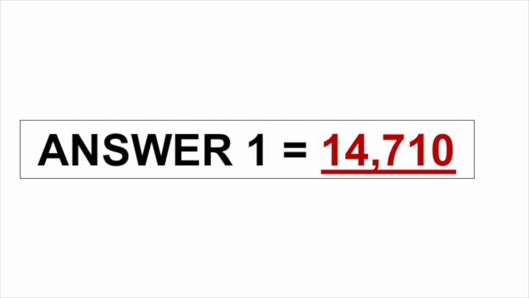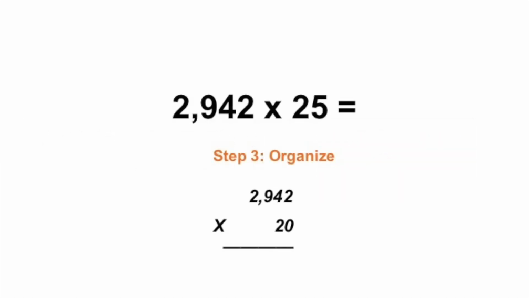So, first answer, guys, 14,710. But now we need to organize the next table to do the tens. So we have multiplication by 20. But what do we do with the 0? Yes, we remove or delete the 0. So really, it's multiplication by 2.